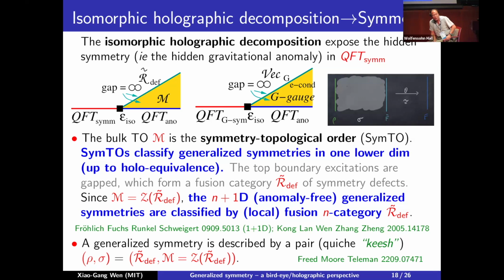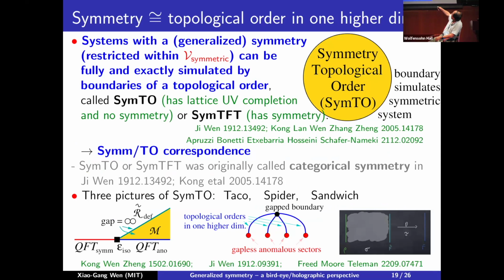So that led to the result that the fusion category classifies symmetry, but the braided fusion category classifies the Morita equivalence class of a symmetry. So that really led to this picture: to study symmetry, we just study the boundary of a topological order.